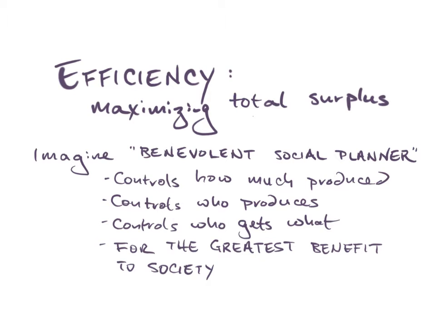And in an ideal country, all the government is trying to do is make everyone as happy as possible. Okay, so for this thought idea that we're doing today, all this benevolent social planner wants to do is make people as happy as they can, maximize total surplus.